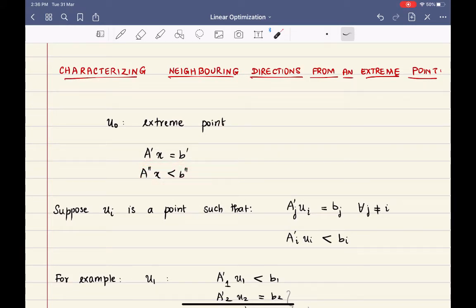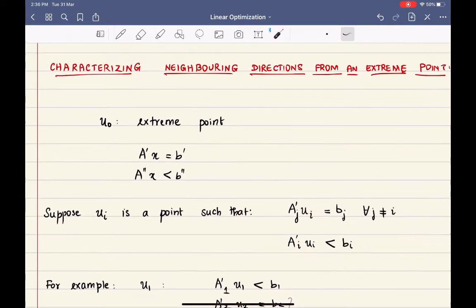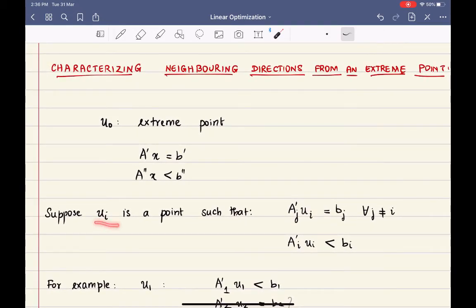Now, what I'm saying here is that suppose ui is a point where n minus 1 hyperplanes are intact except the ith one. So there are 1, 2, 3 till n hyperplanes here. Assume that you are relaxing the equality from the ith hyperplane.